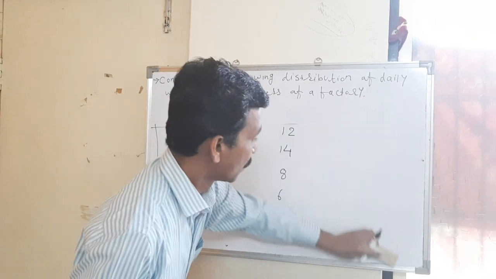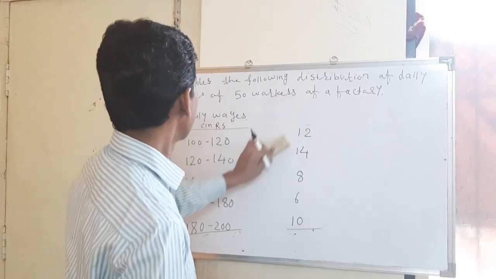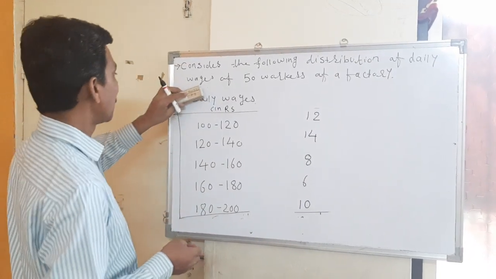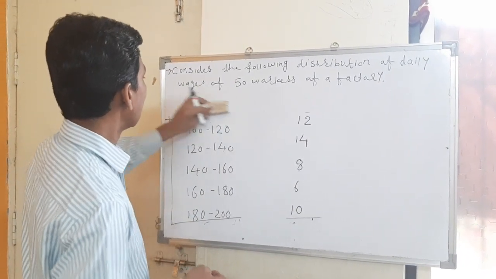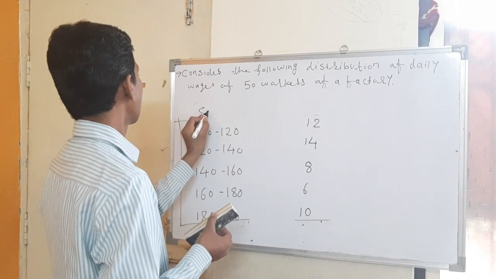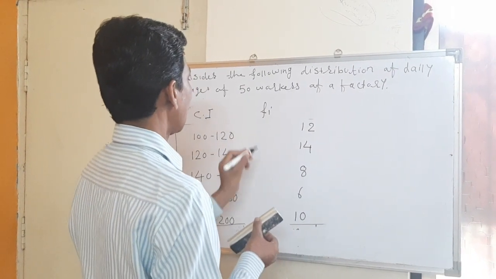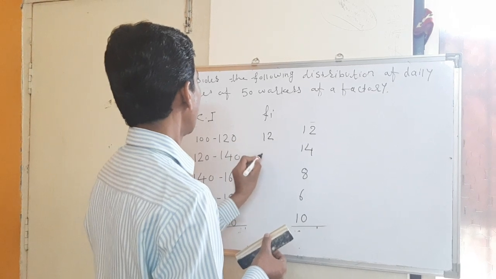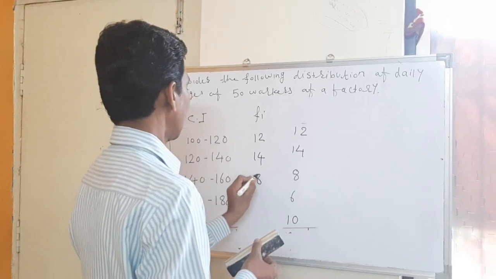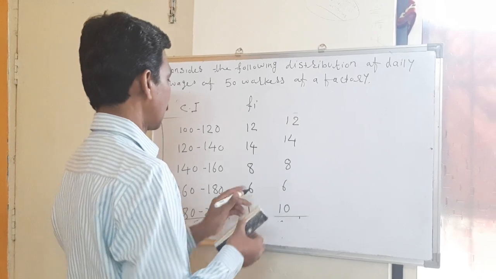We'll see what columns we have to take. So daily wages in rupees, we'll call it the class interval. This is Fi. I will write here 12, 14, 8, 6, 10.